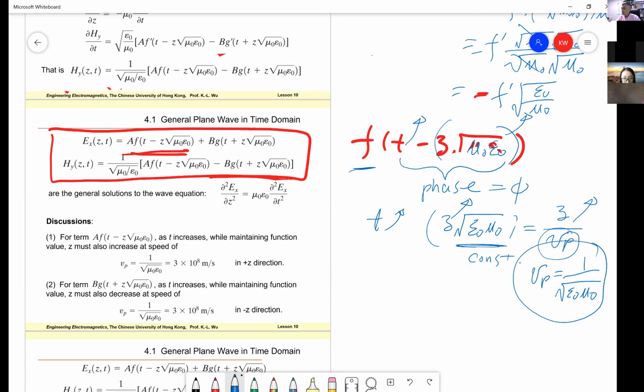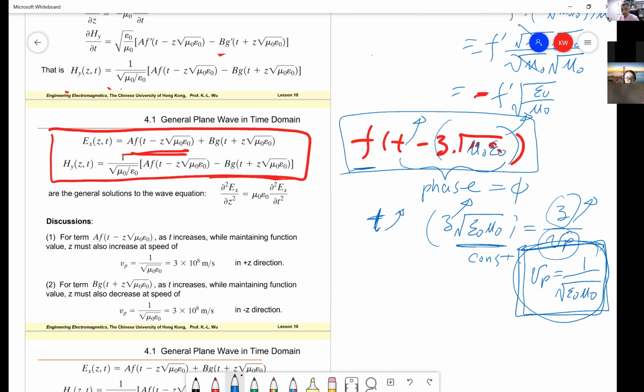Distance divided by speed is time; how much time it travels depends on how much time you increase. Now you agree this solution describes a wave phenomenon, and this is the velocity.